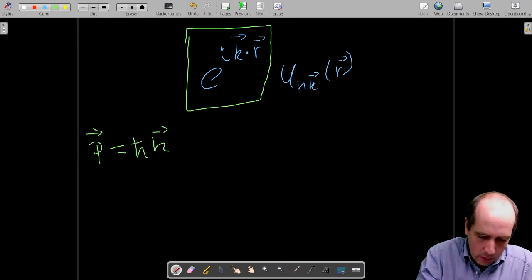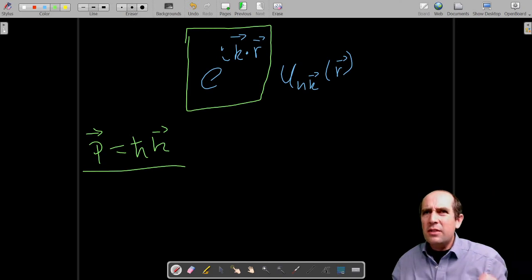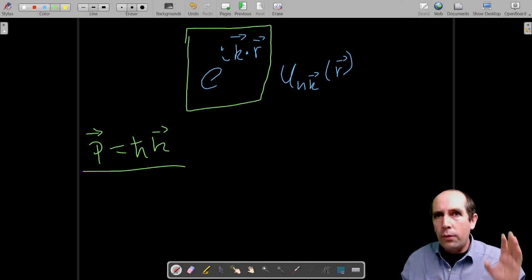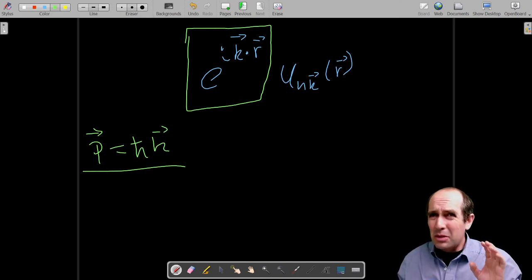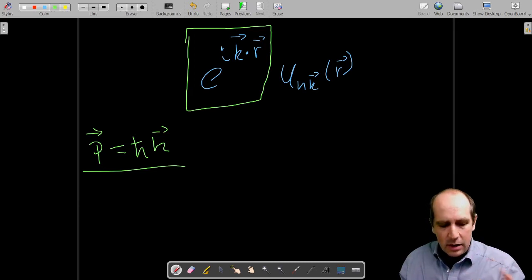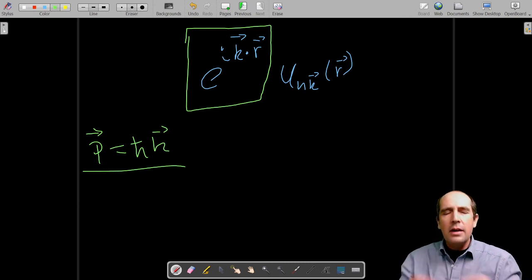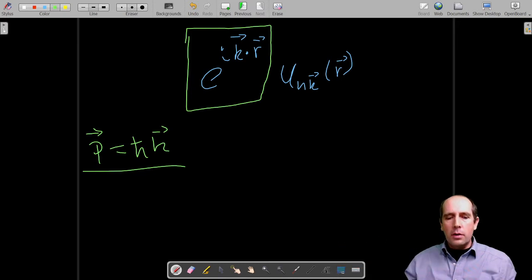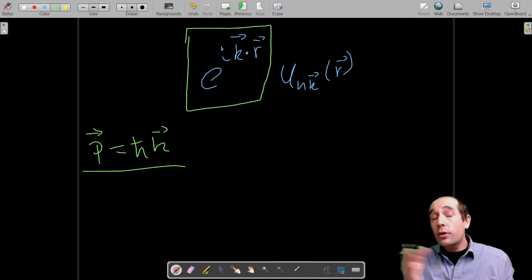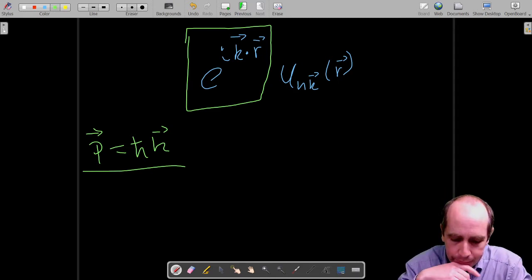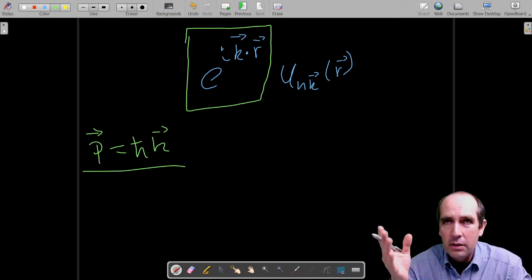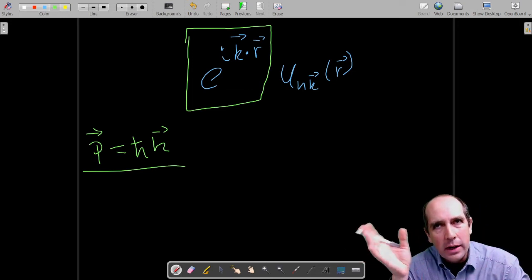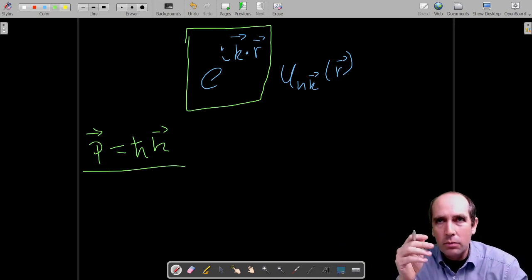Okay, so we define this new number, which is formally not the momentum of the electron, but that intuitively we think of as if it was the momentum of this electron moving along the lattice, moving through the crystal. So this relationship between the actual momentum of the electron and the lattice momentum cannot be established.